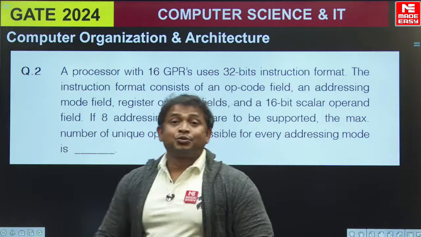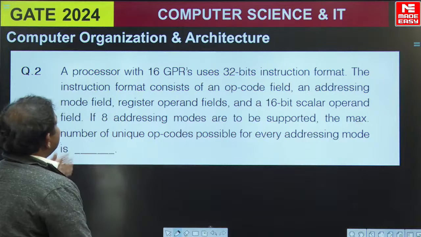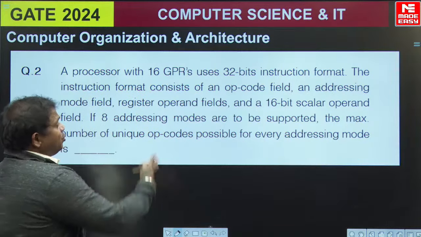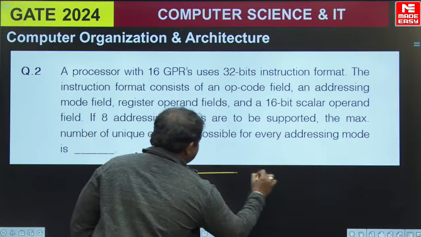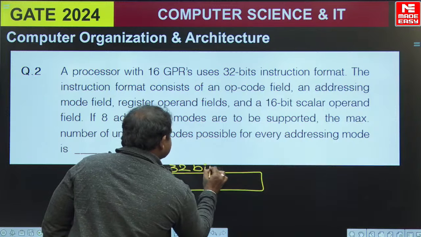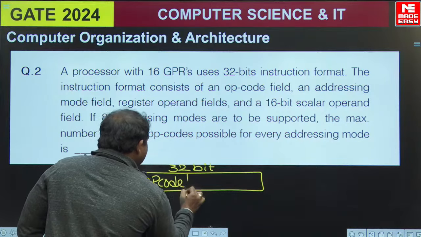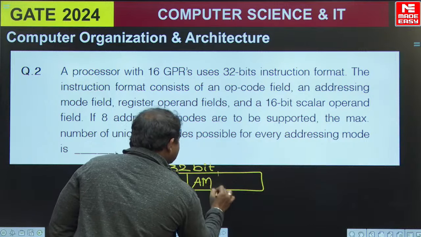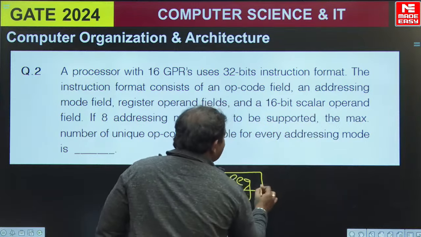Yes, this is the next question in the computer organization and architecture subject. Here in the question, a 32-bit instruction is given, so the instruction size is 32 bits. This 32-bit instruction contains an opcode, an addressing mode field, a register field, and a scalar operand field.